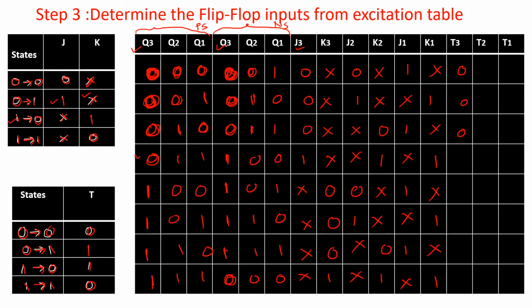Present state is 0, next state is 1, then it is 1. Present state is 1, next is 1, then it is 0. Then present state is 1, next is 1, it is 0. Present state is 1, next is 1, it is 0. Present state is 1, next is 0, then it is 1.